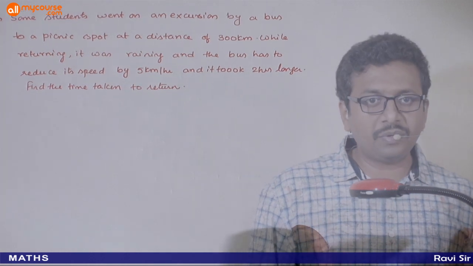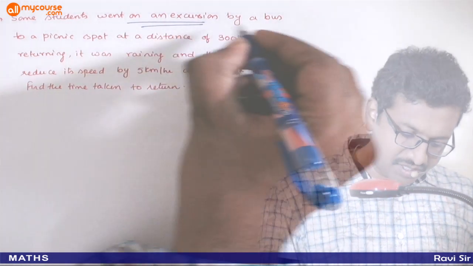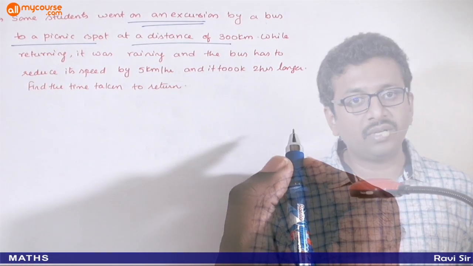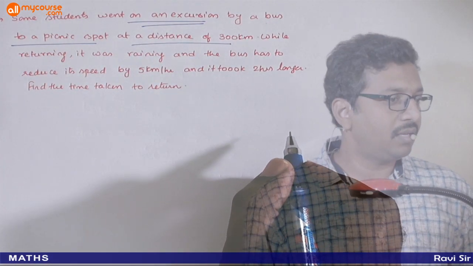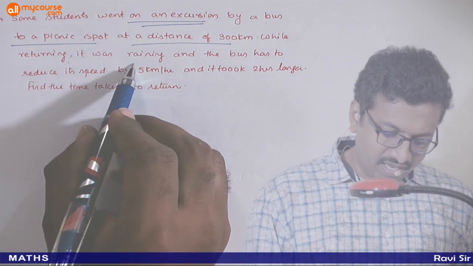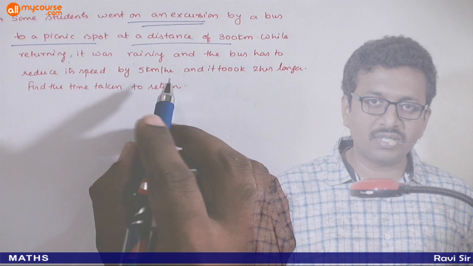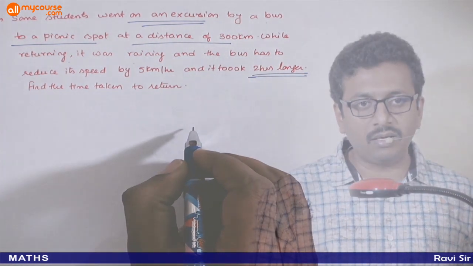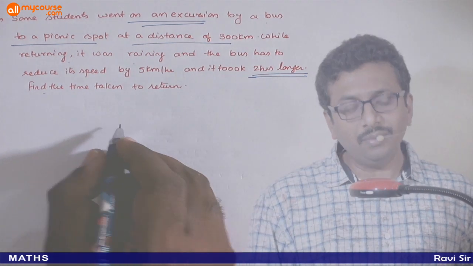Some students went on an excursion by a bus to a picnic spot at a distance of 300 kilometers. While returning, it was raining and the bus had to reduce its speed by 5 kilometers per hour, and it took 2 hours longer. Find the time taken to return.